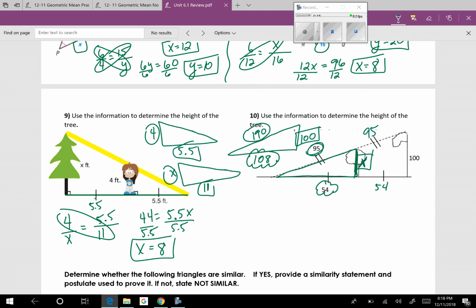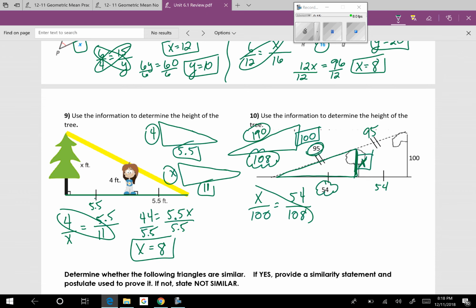So now we just kind of set up our proportion. We need to find the height of the tree. So we have to have the 100 and the X. So we'll do X over 100. And then it's really your choice which other ratio you want to use. Let's do the 54. So the 54 is coming from the small one, and X came from the small one, so that goes on top. And then the 108 matches with that, and that's from the big one.